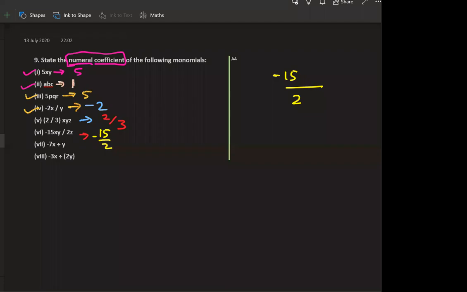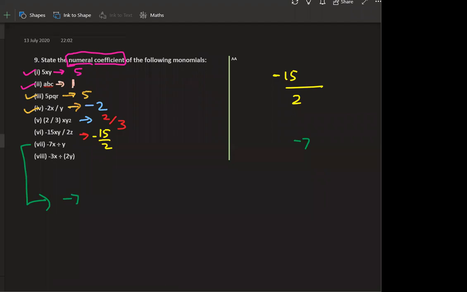So the answer of the sixth part is, sorry, seventh, not sixth. The answer of the seventh part, it is saying minus 7x upon y. So remove x and y variable. Just remove the variable, you will get only minus 7. So the answer is minus 7.